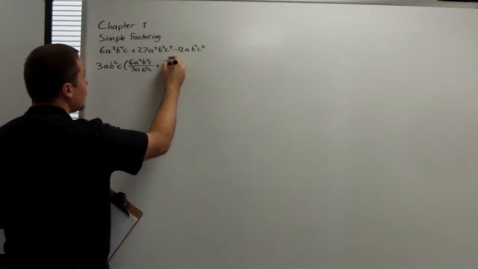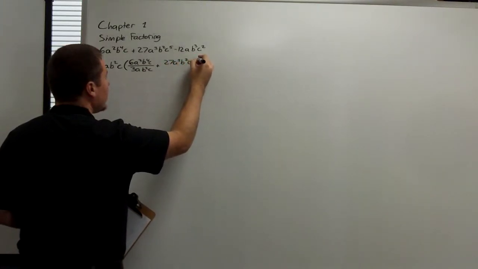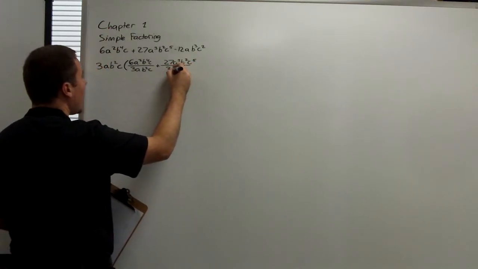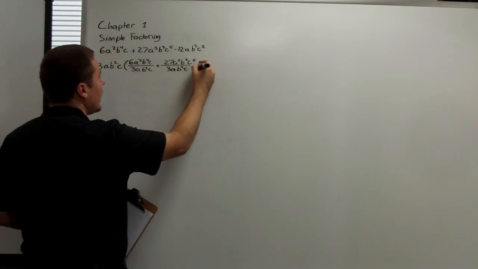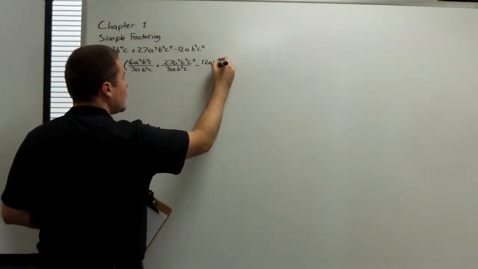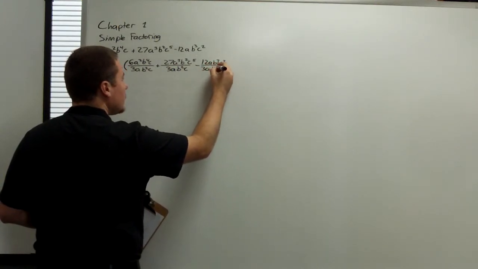Then add 27a to the third b squared c to the fifth, divided by our LCM of 3a b squared c, and subtract 12a b cubed c to the second, divided by 3a b squared c.